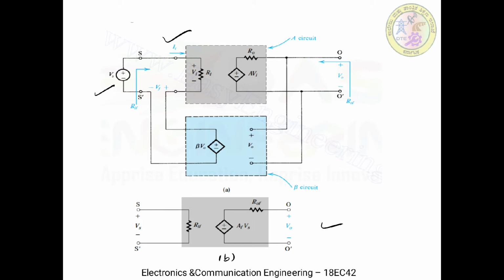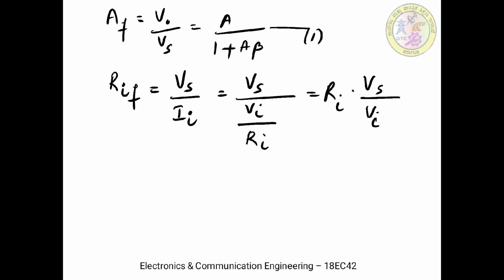From this diagram you can see Vs is the source, and Vi is nothing but the input voltage appearing across the input terminals of the amplifier. That is the difference between Vs and Vi here. So now our equation says RIF, that is the input resistance in presence of feedback, will be equal to Ri into Vs by Vi.